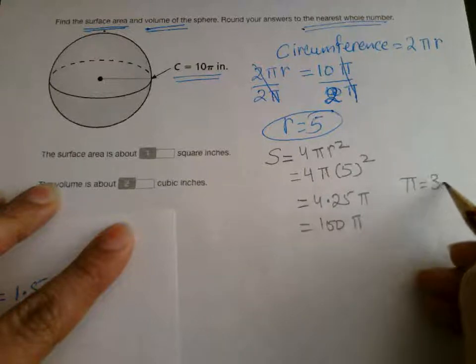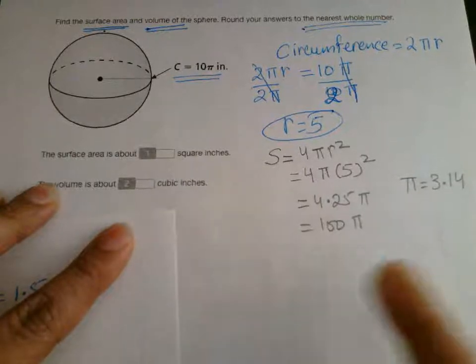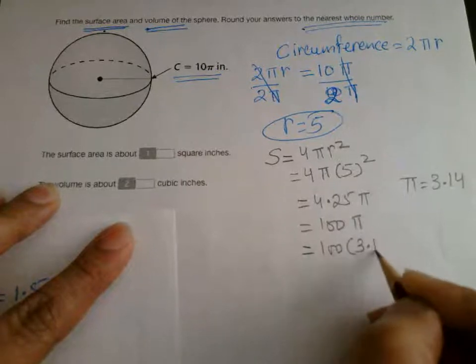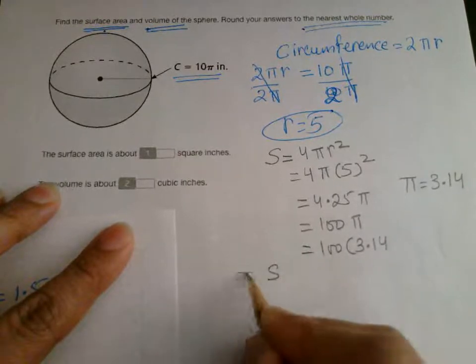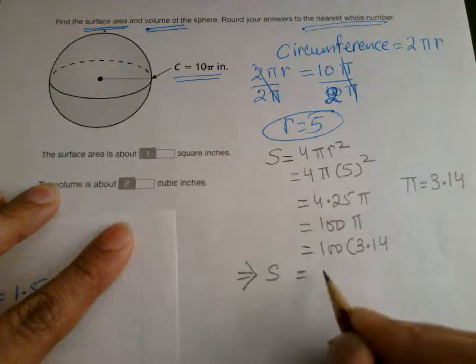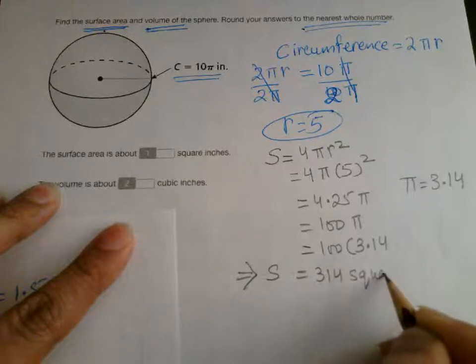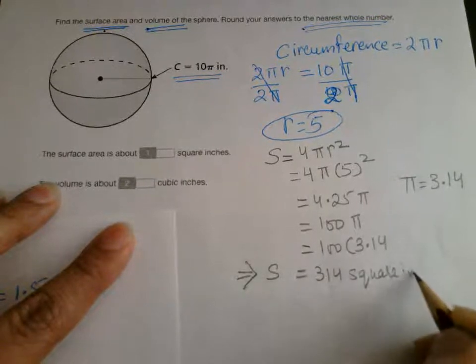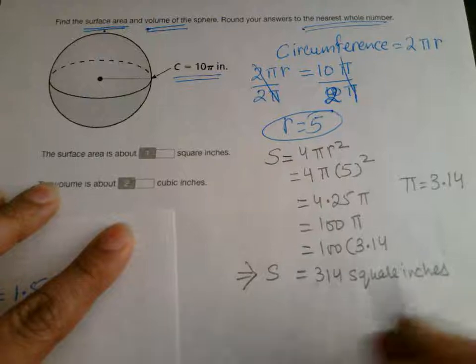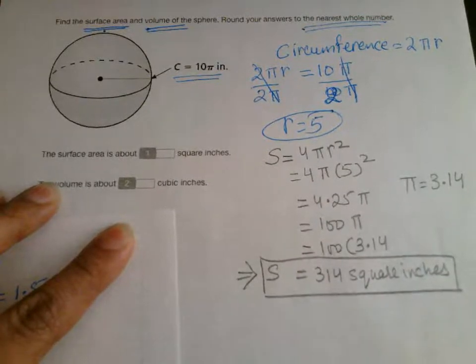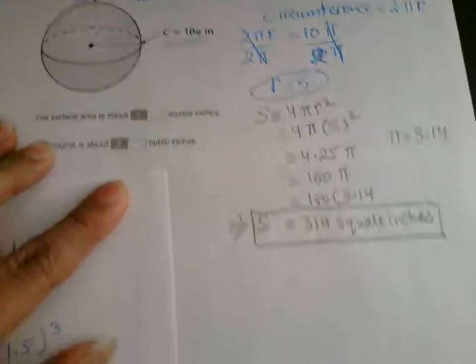We can use the value of pi as 3.14. Let's plug it here. 100 times 3.14. So the value of S will be 314 square inches. One thing is done. We will check our answers later.